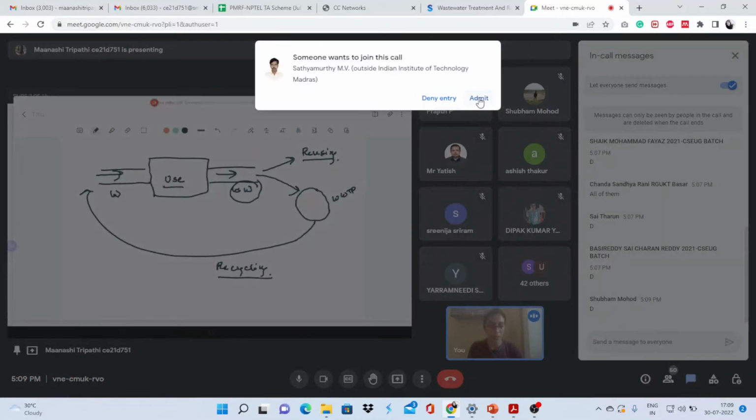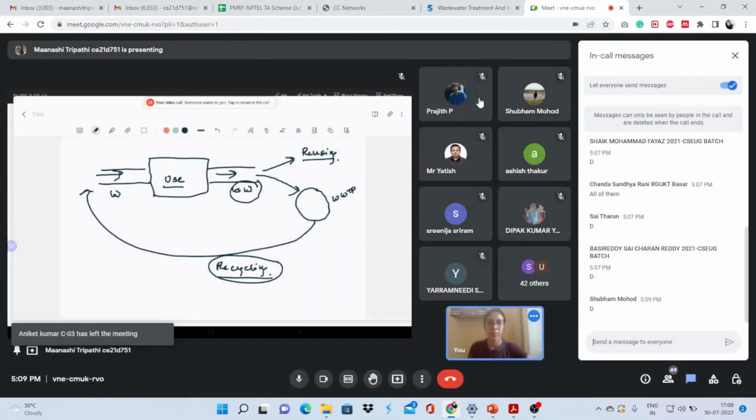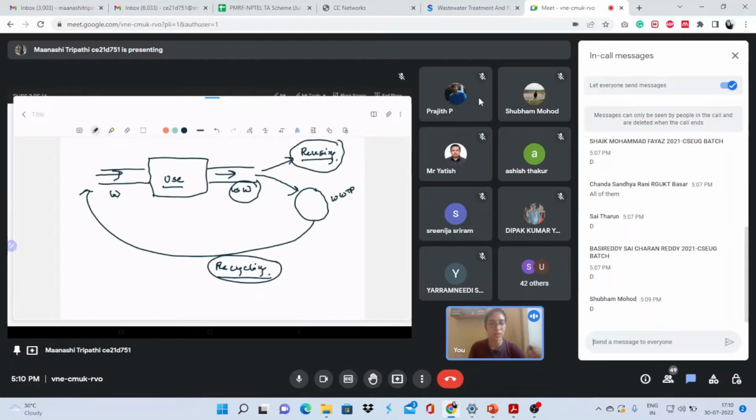This process is called recycling. But if you are washing clothes, you are storing that water, then you use the same water for washing your house floors, or washing your stairs, then that is called reuse of water. So without any treatment, if you are using the same water, it's reusing.